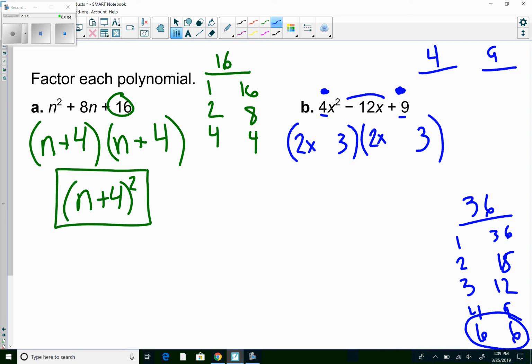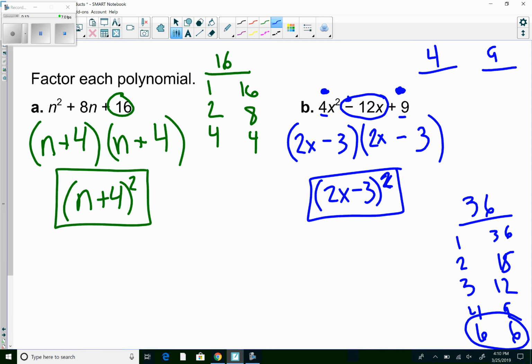Again, this time I have a middle term, but what I want to start thinking about is that I want that middle term, so I need to have the same sign. Since this is negative here, both of my signs have to be negative. So then I've got 2x minus 3 squared.